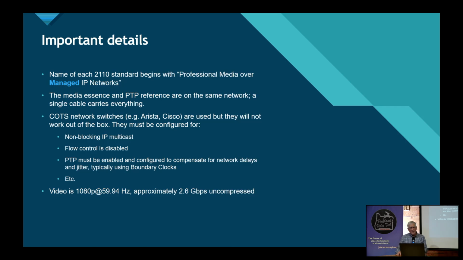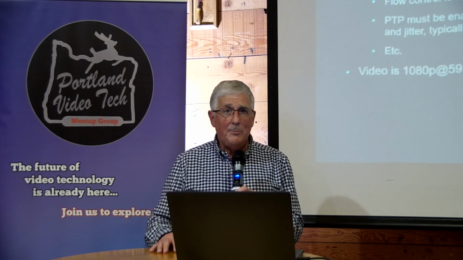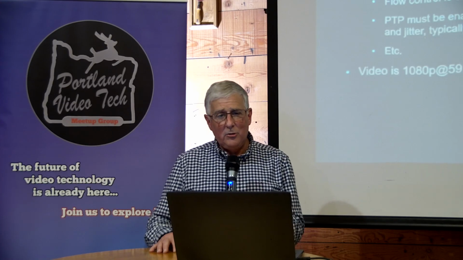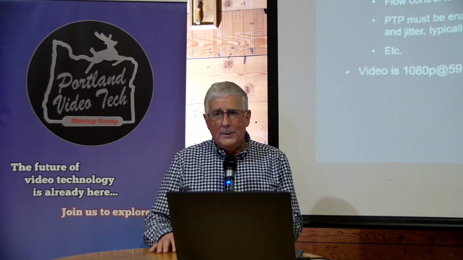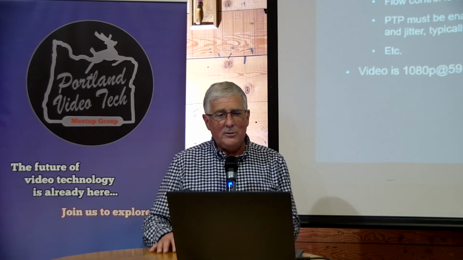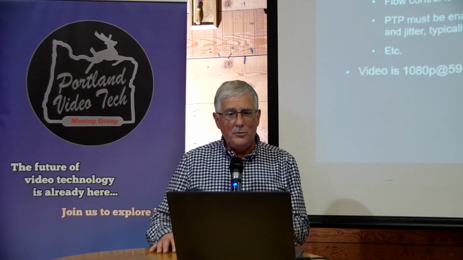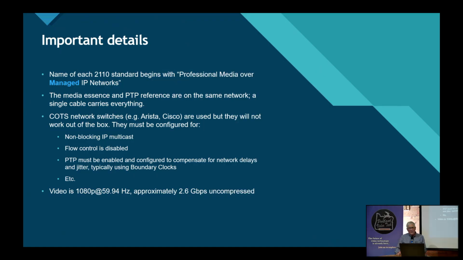One of the 2110 points is that you can use COTS network switches, something like an Arista or a Cisco switch. But these switches will not work out of the box, because they're configured as data center switches. So they must be configured for several things. I give a few examples here.